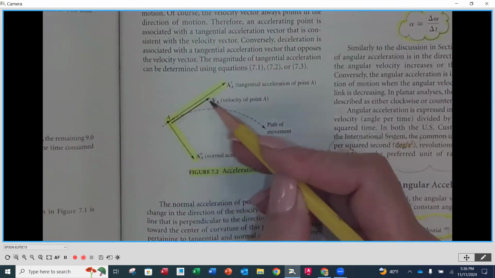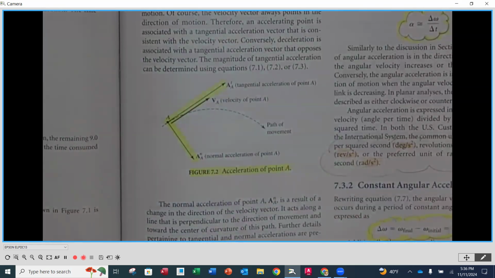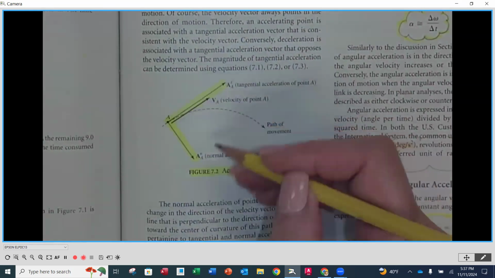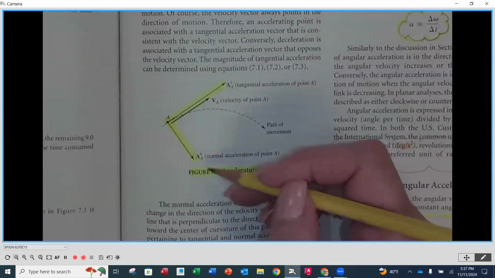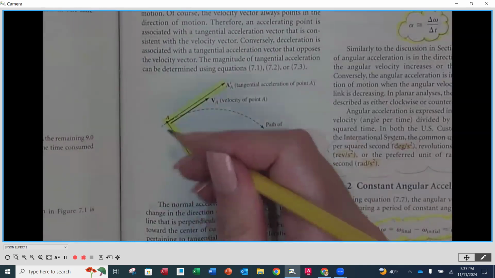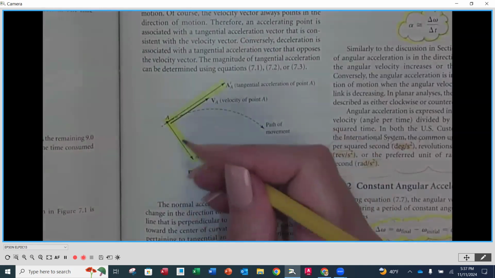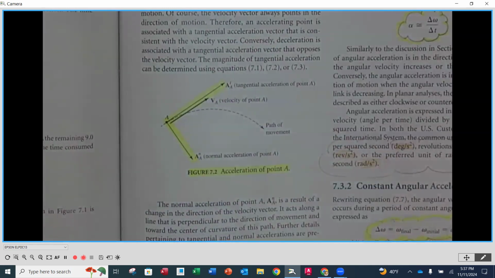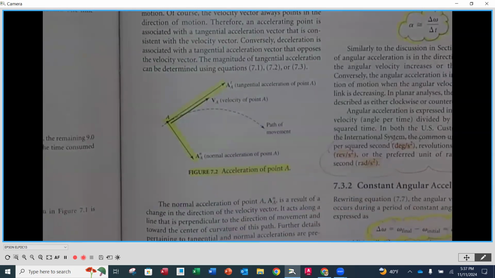We saw how that related to the angular velocity of the link. It is always going to be perpendicular to its center of rotation. If this is moving around, its center of rotation is down here somewhere, so it's perpendicular to that. And it's also in the direction of rotation. So this whole link has to be rotating in a clockwise direction, because the straight line velocity component shows us that's the way it's going.